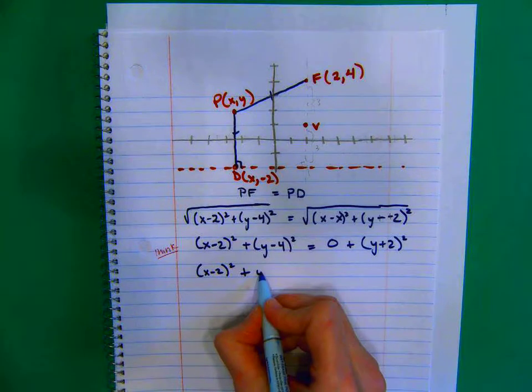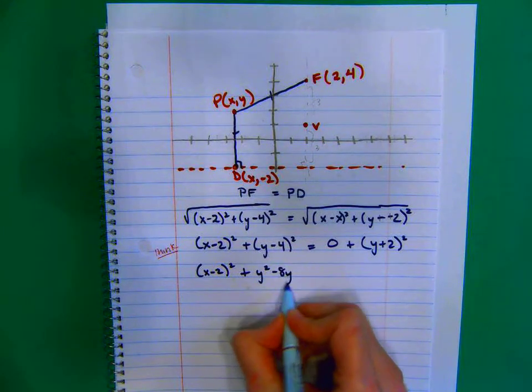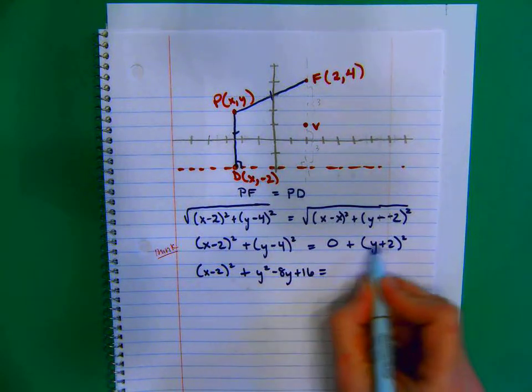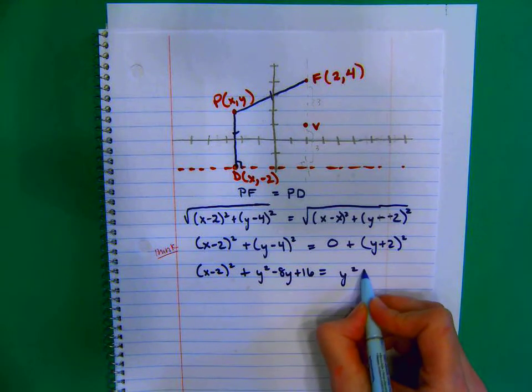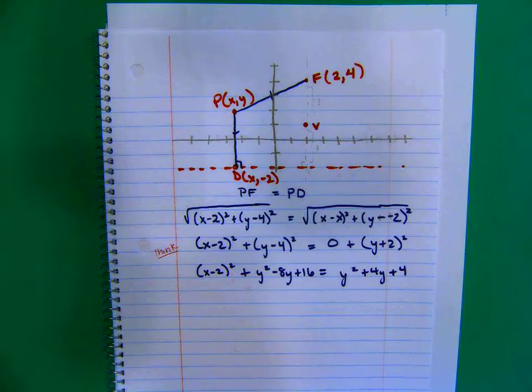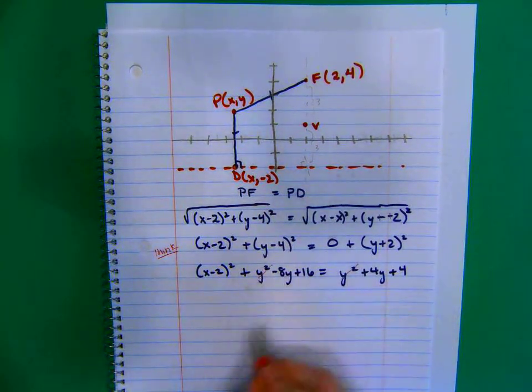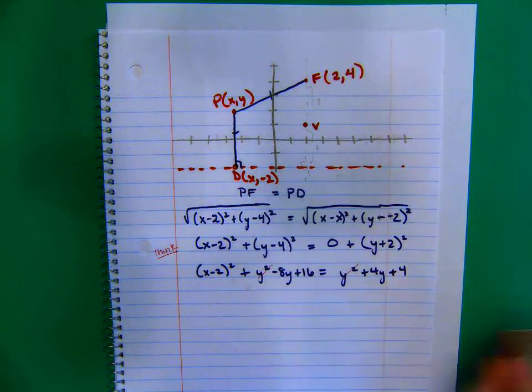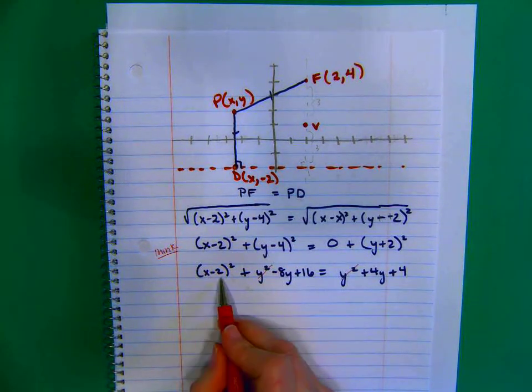When I multiply that out, I'll get y squared minus 8y plus 16. And when I multiply this one out, I'll get y squared plus 4y plus 4. Now, if I go to subtract the y squareds from both sides, I'm going to lose those. But nothing else is going to completely go away. I'm going to leave the squared by itself.